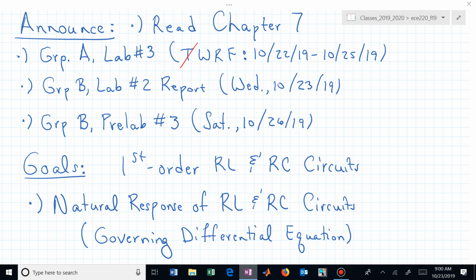Then Chapter 9 is when we get into sources that excite the system sinusoidally. Sinusoidal steady state analysis. That's where we're using phasors, we're using complex numbers. In the follow-on class, in ECE 320, you will actually be using Laplace transforms to do some of this circuit analysis when your circuits become more complicated than second order.